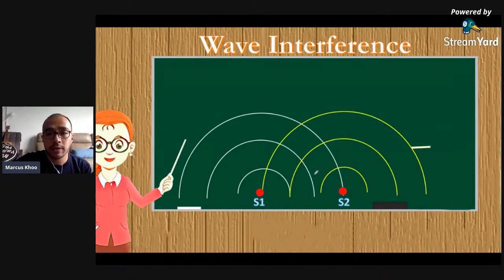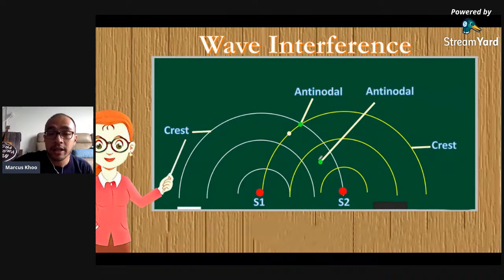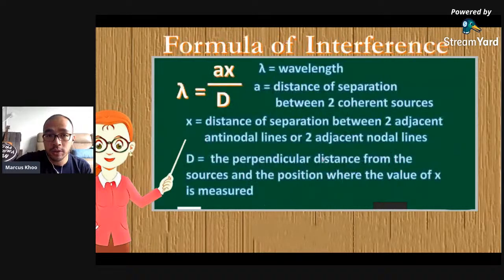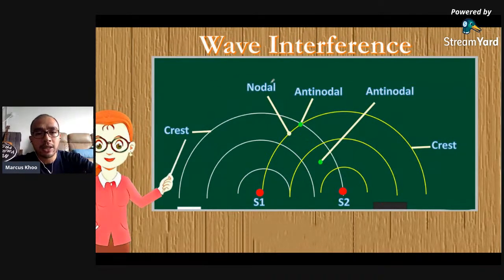So here's another one. If this is a crest and a crest, this will be antinodal. And this is a crest and a trough. Sorry, this is trough and trough, so it's also antinodal. And this is crest and trough, so this will be nodal. Actually, it's not nodal, we call this a node, and this is an antinode.